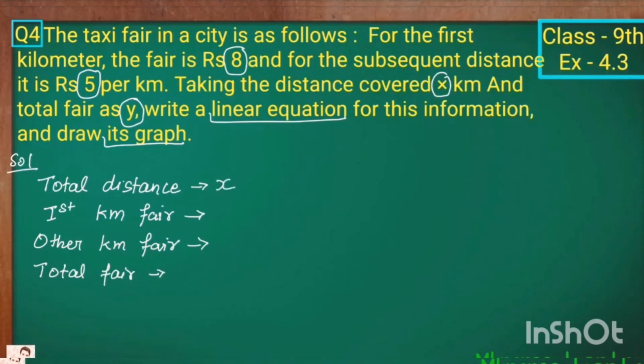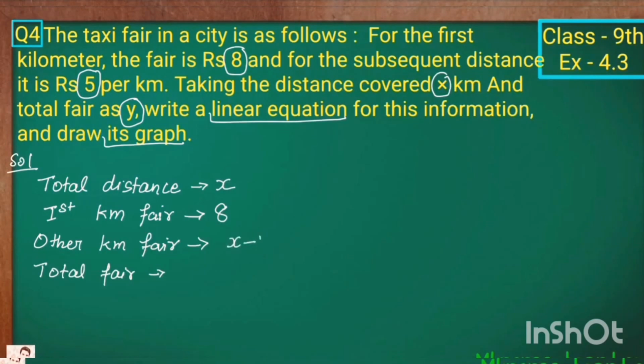Given itself, they gave total distance covered, that is x. First kilometer fare, that is rupees 8. Other kilometer fare, 5 per kilometer. Now let me ask a question, just an example. Total distance 5 kilometer.